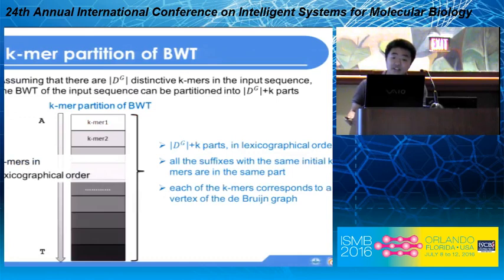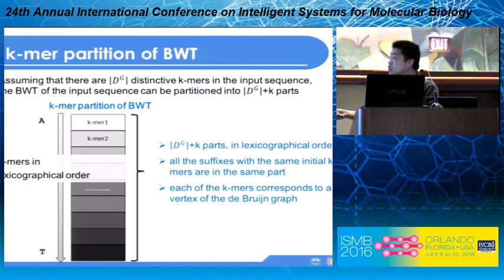And the second technique is the reduced construction through k-mer partition. It is easy to observe that if there are DG distinctive k-mers in the input sequence, the BWT of the input sequence can be partitioned into DG plus k parts. And all the suffixes with the same initial k-mers are in the same part. I mean, for example, all the suffixes starting with the k-mer 1 must be in the same block.